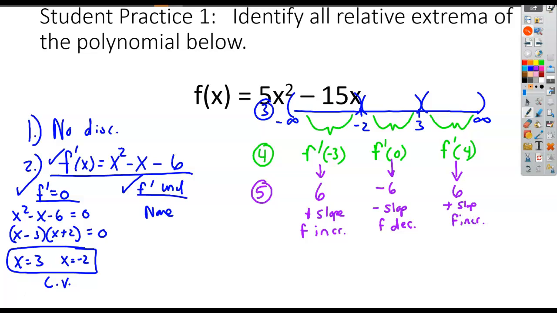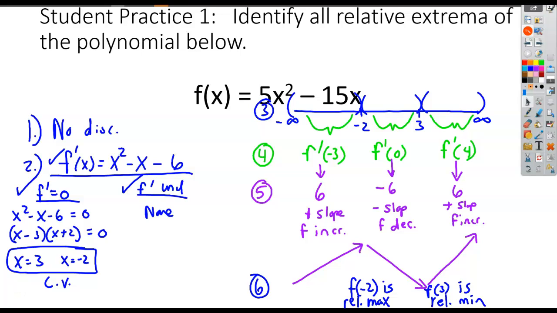Okay? And so that means my graph looks like this. It goes up until it gets to -2, and then it goes down until it gets to 3, and then it goes back up again after that. And what that indicates is going to help us do step 6. So go ahead and do step 6. Pause the video here, and when you're all done, you'll see the solution.